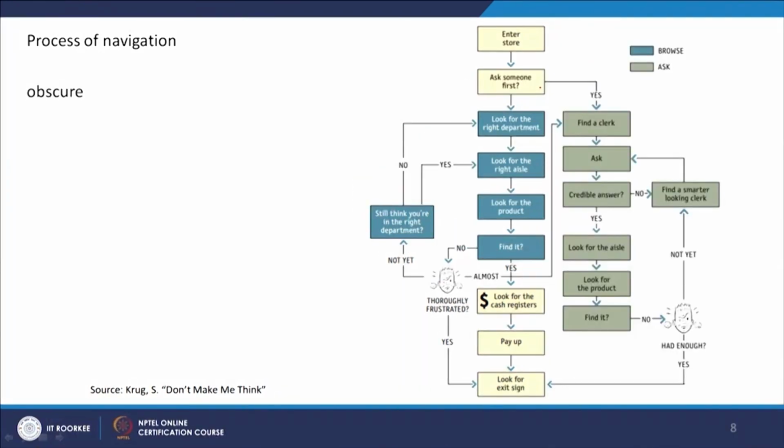Within a store there is a helper to help people, but within an interface design there won't be anybody to help the users. In a store, people can always ask someone and cross-check. But within an e-commerce website and most web pages, there will not be anybody to assist them.